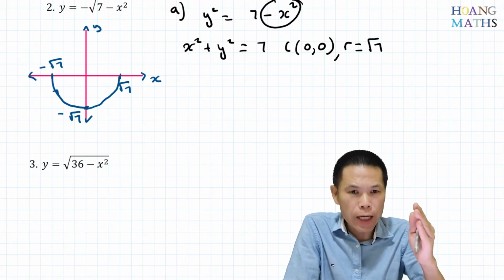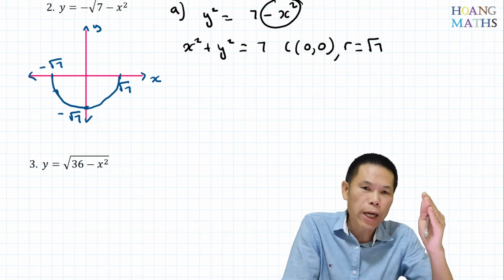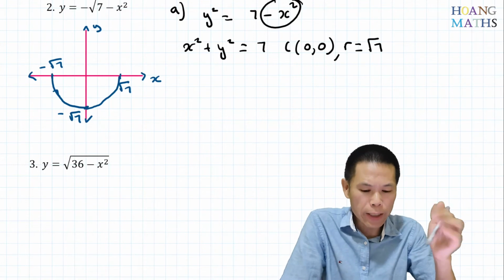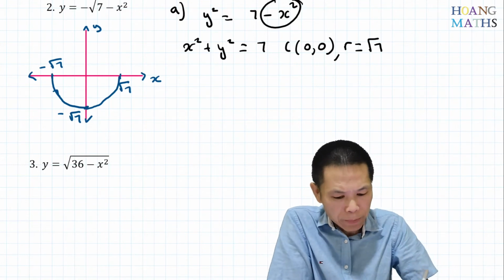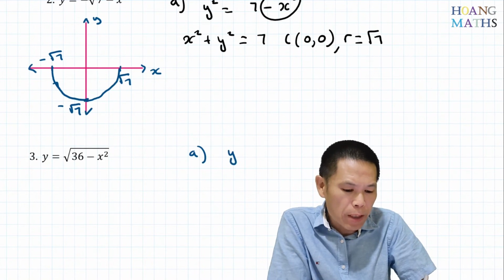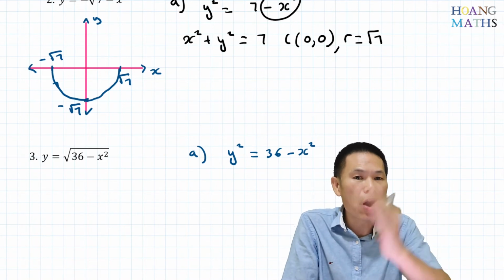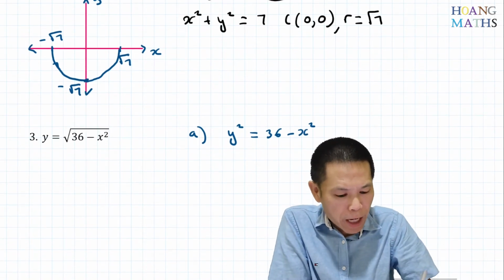Again, just in case you forget to recognize it is a semicircle, we can square both sides. Let me label part A here. If I square both sides, that means y squared is equal to 36 minus x squared. And I move the negative x squared to this side, so this becomes positive.